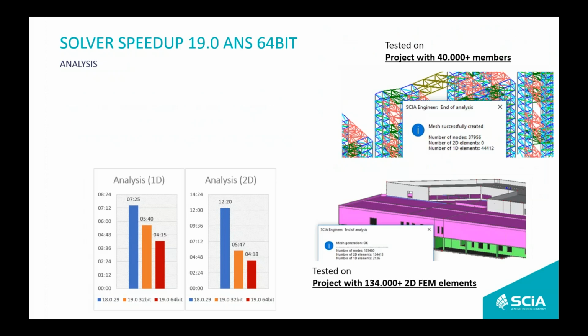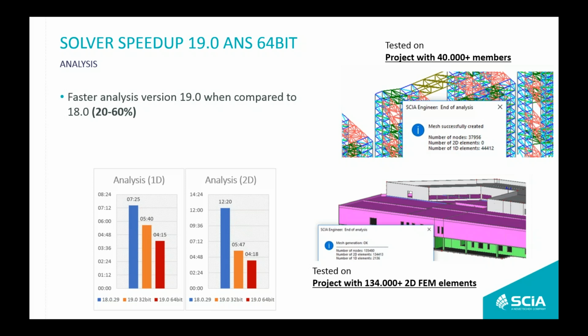Further speed up is in the Solver itself, by clearer handling of temp data. We were able to present you with a Solver that is approximately 20 to 60% faster than it used to be in version 18.0.